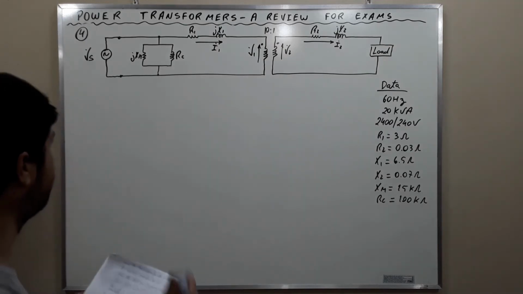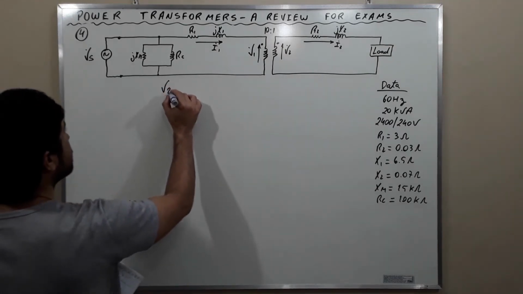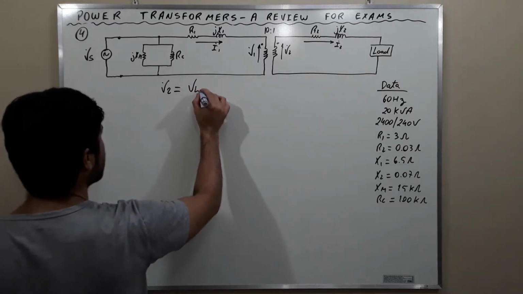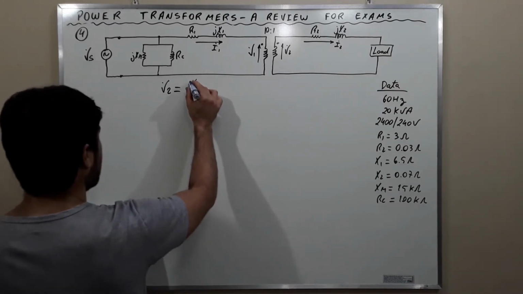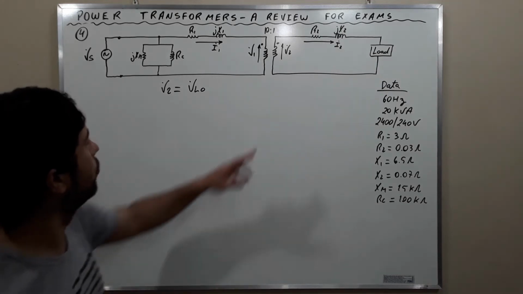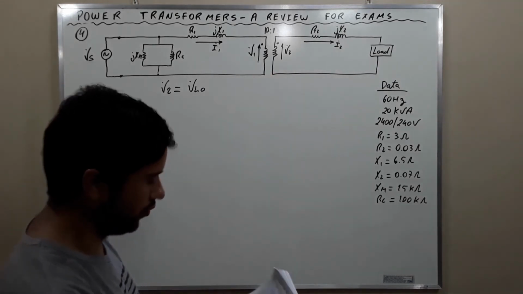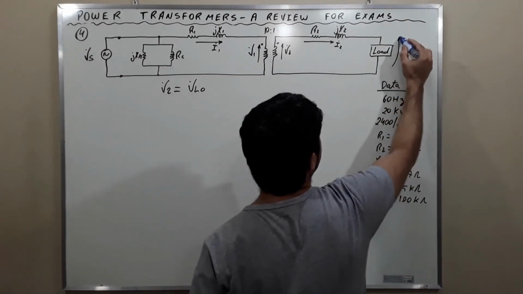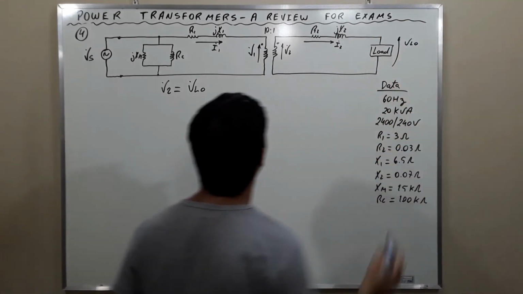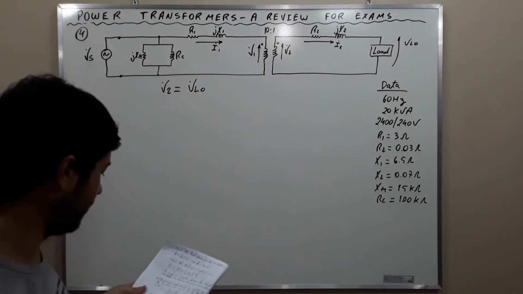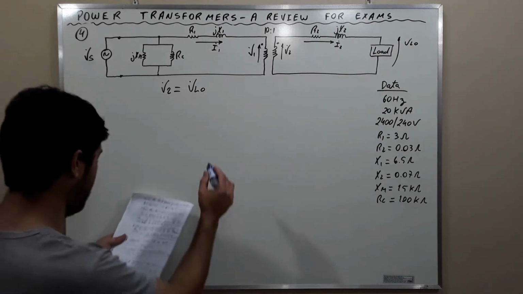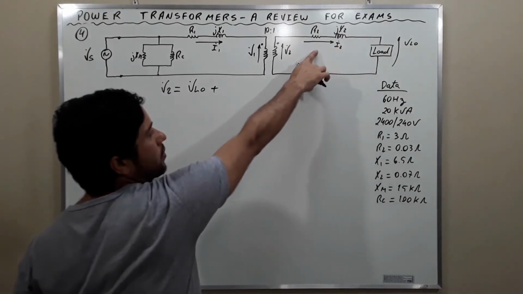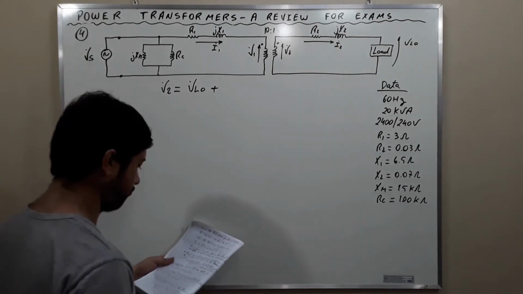And V2 is equal to V load, the voltage here of the load, plus the voltage drop here caused by I2.